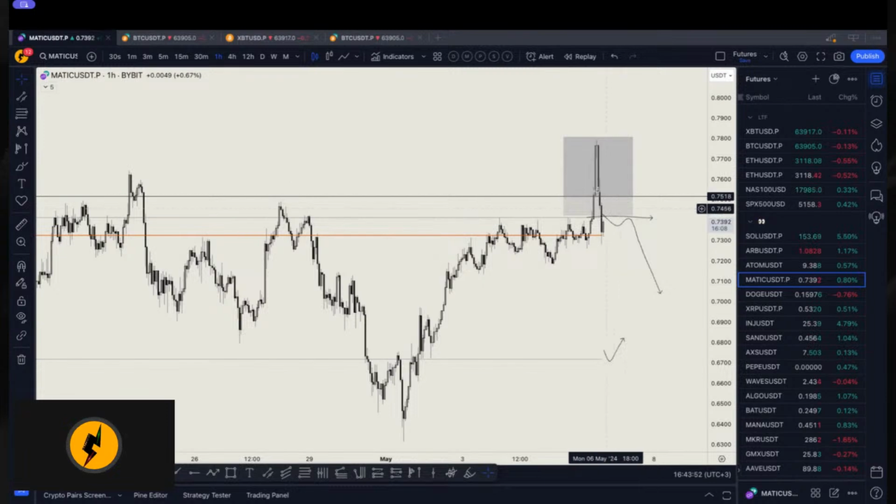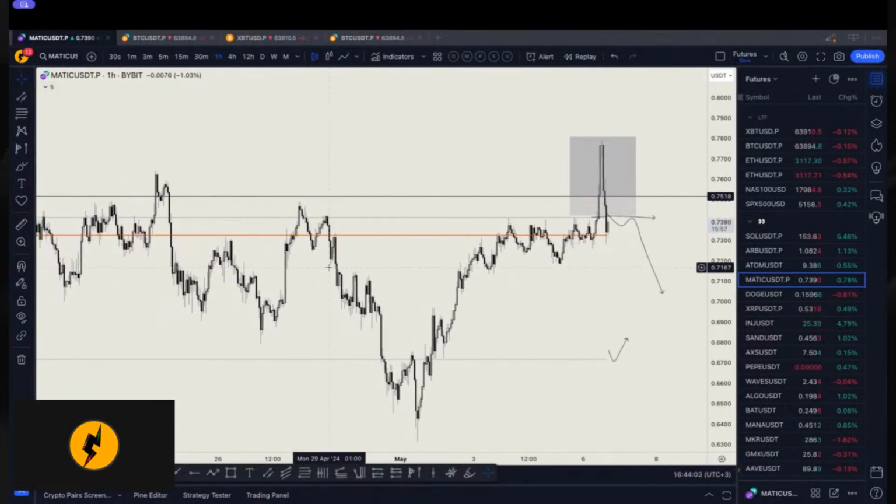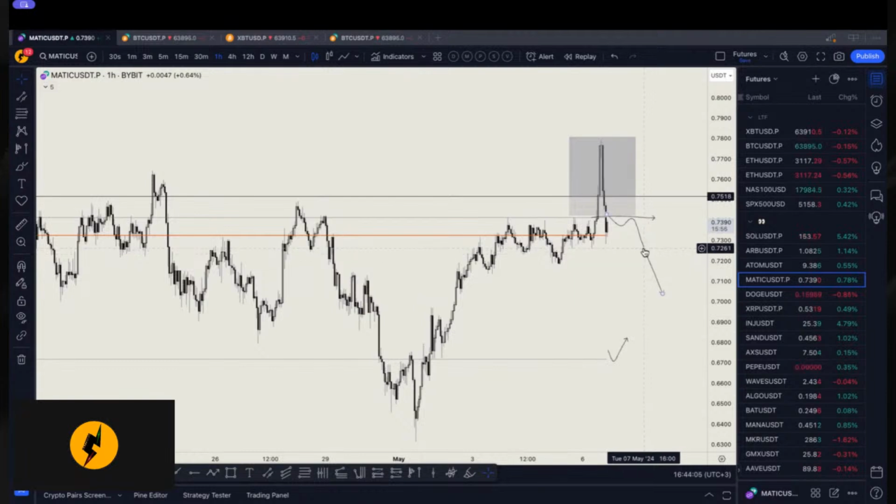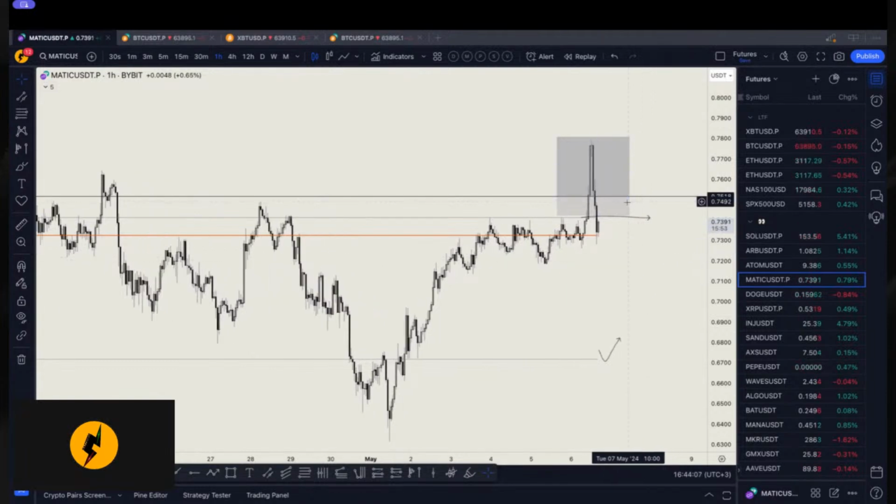So you see, I look for a deviation outside of the price action range and another deviation outside of the volume range, right? I usually use them in confluence with each other.